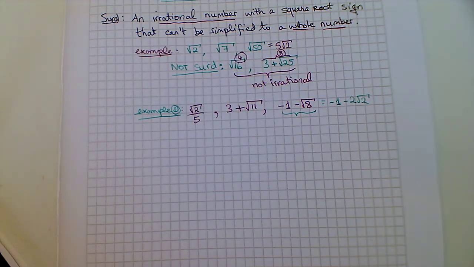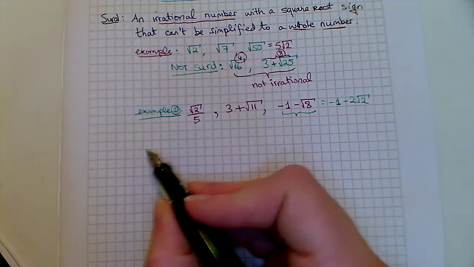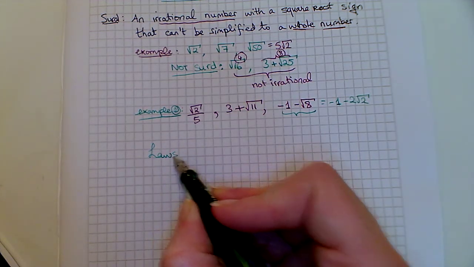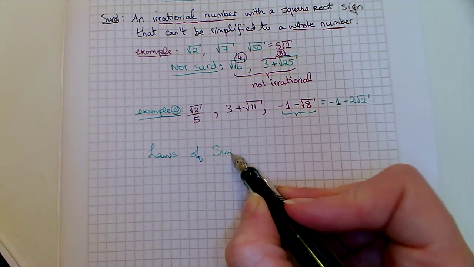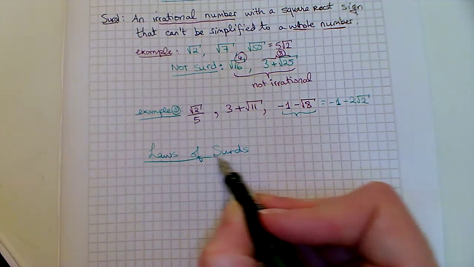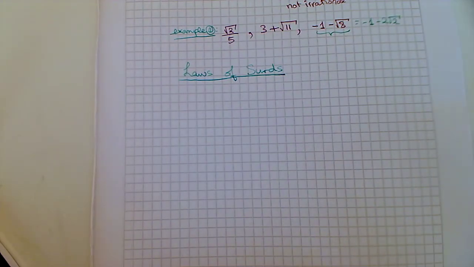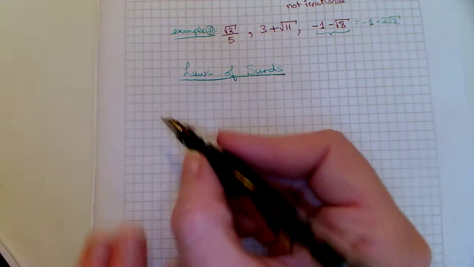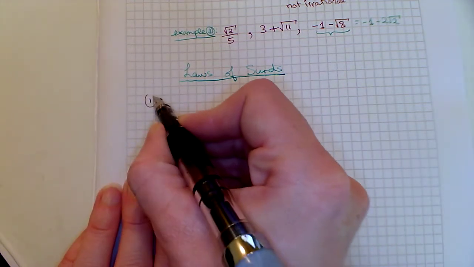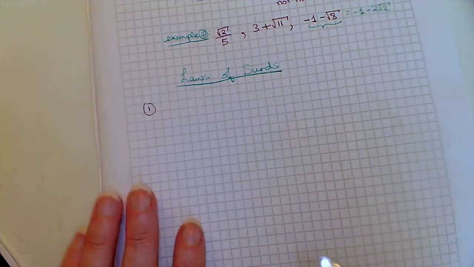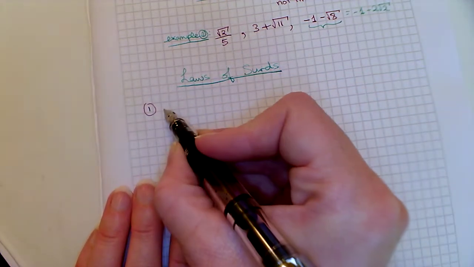We have certain laws for surds. So let's look at the 3 laws that we have for surds. The first one says, now these are in our log tables, but they're not always the easiest to read.